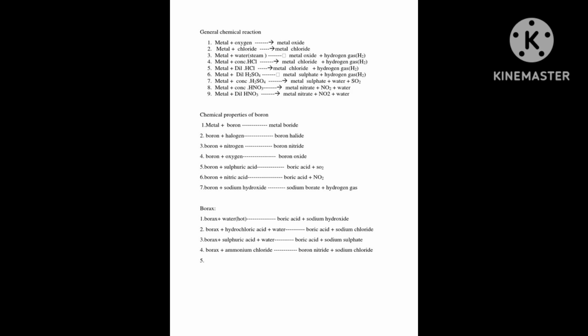Then 2s means 2 electrons of s, and 1 electron in 2p. Hybridization will take place. Then one electron of 2s will go to the p. Now in p, 2 electrons are there, and one p orbital is vacant.